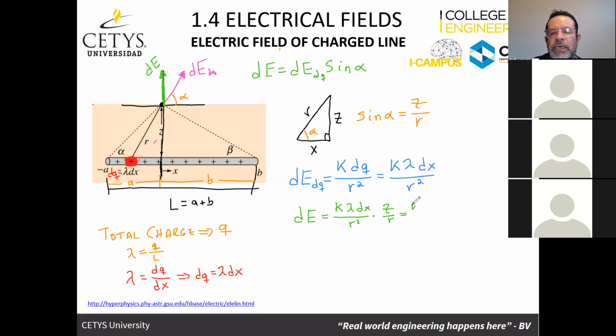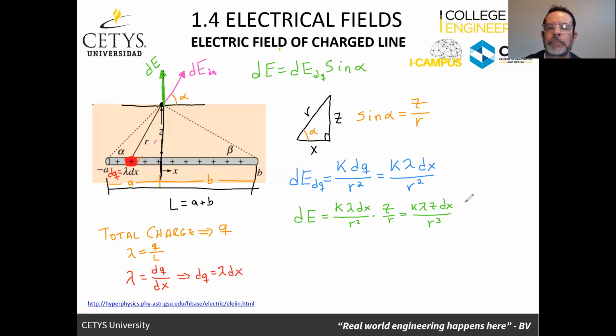I'm going to do this step by step. And this is going to give me k lambda z dx divided by r to the 3. Okay. That's the differential of the electrical field according to this very small point that I am considering in the analysis.